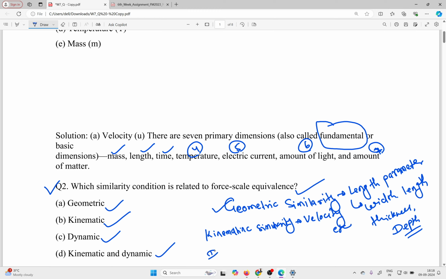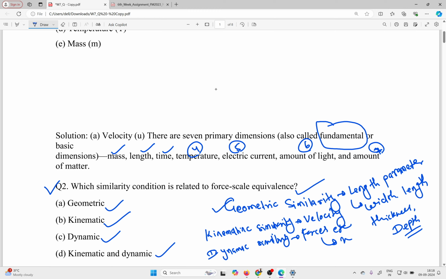In dynamic similarity, we look at the forces, like how many forces are acting on it.